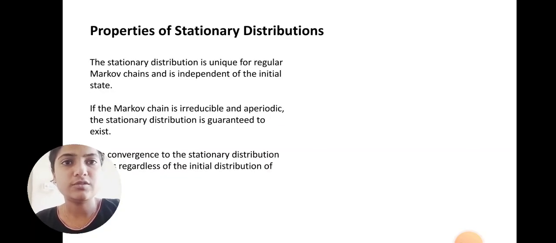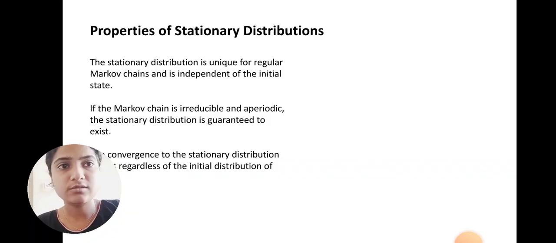Properties of stationary distribution. The stationary distribution is unique for regular Markov chains and is independent of the initial state. If the Markov chain is irreducible and aperiodic, the stationary distribution is guaranteed to exist.